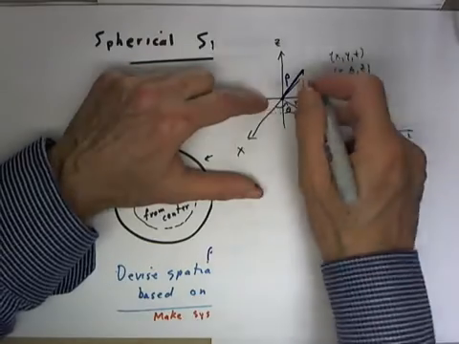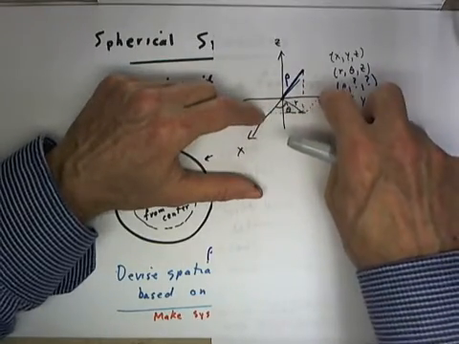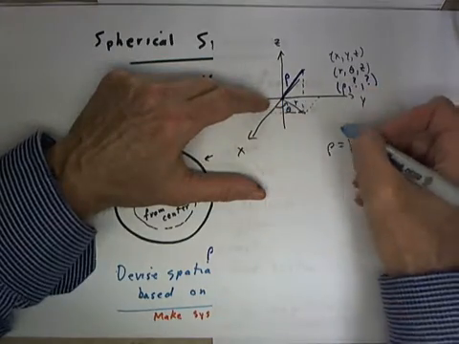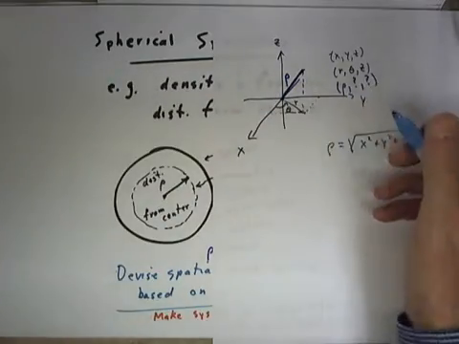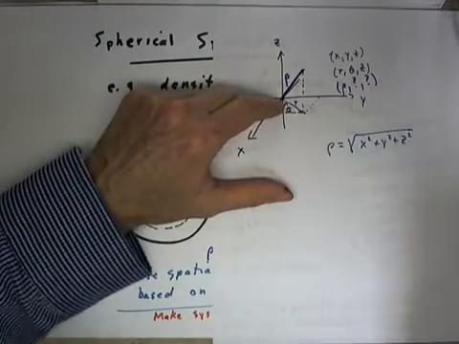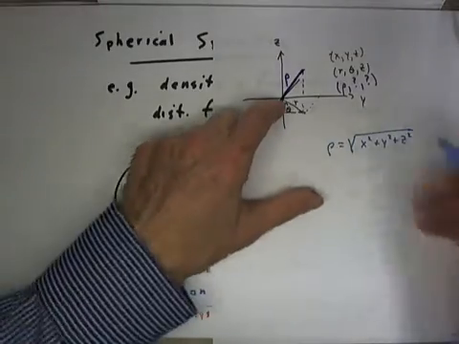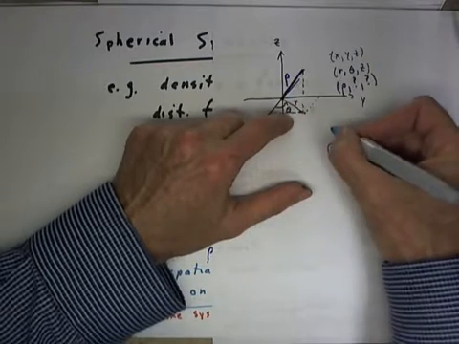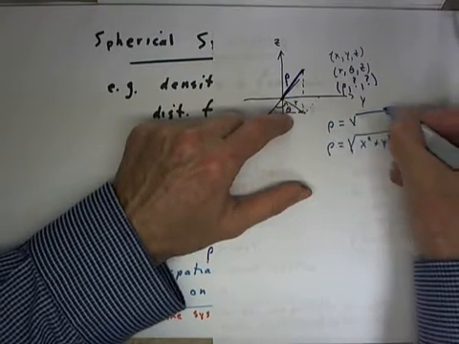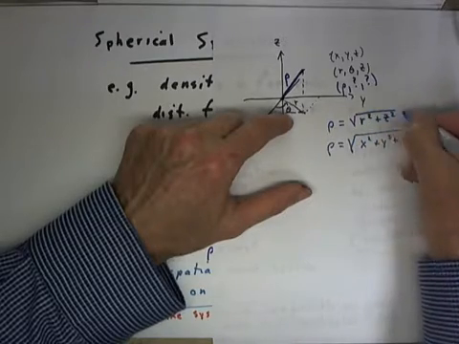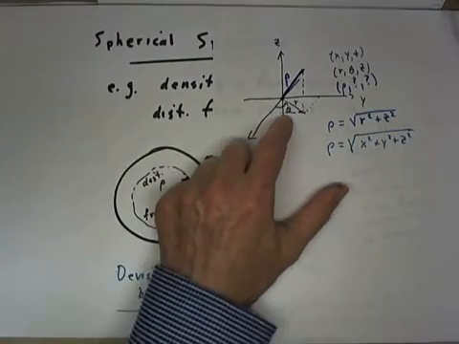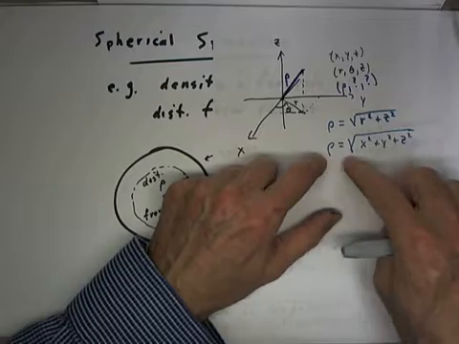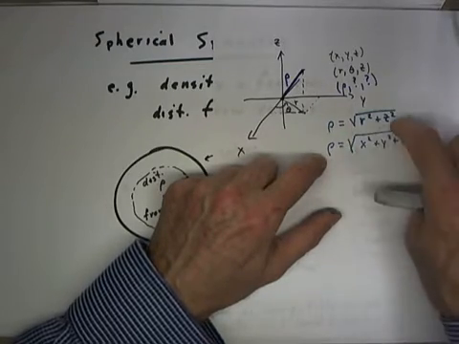This distance here that we call r is just the square root of x squared plus y squared, and this triangle from here to here to here and back has the two legs r and z, so we know that rho equals the square root of r squared plus z squared. And since r squared equals x squared plus y squared, we very easily conclude that rho has this representation as well as this.